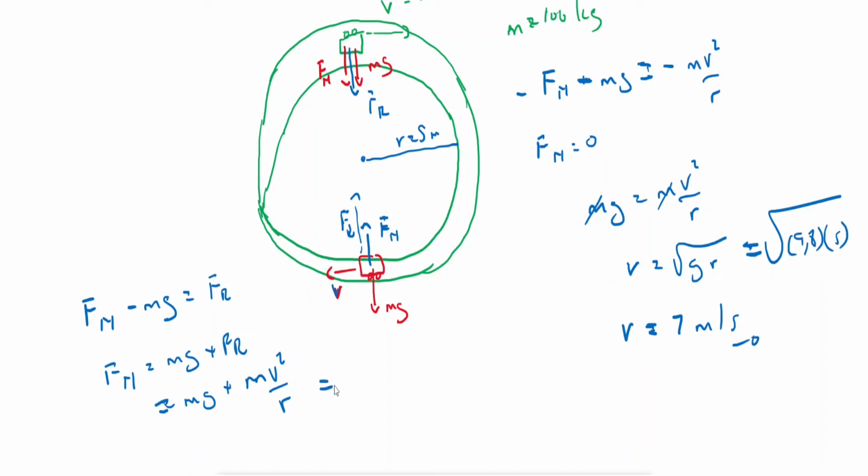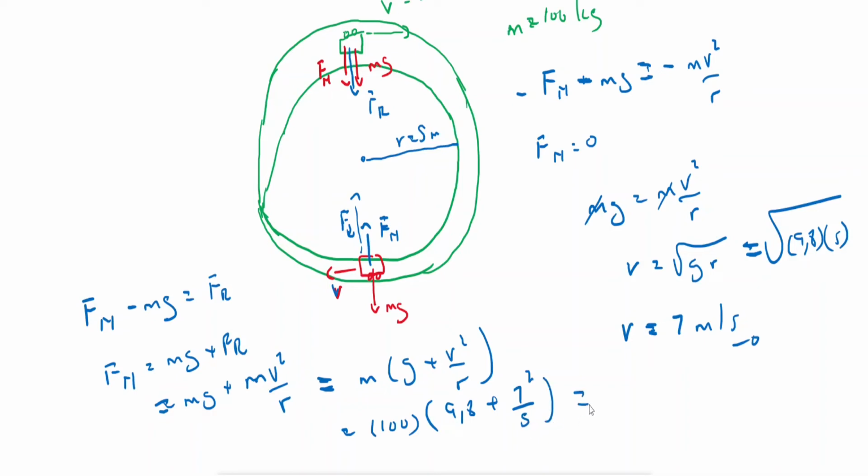All right, and then that force is going to be m times (g plus v squared over r) if you want. Some people like doing that, and then the mass is 100. Turns out we do need the mass here. And then 9.8 plus we found the speed to be 7 squared, and then we found the radius to be 5.